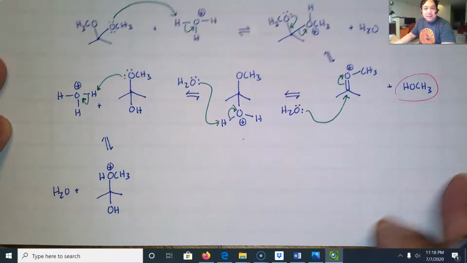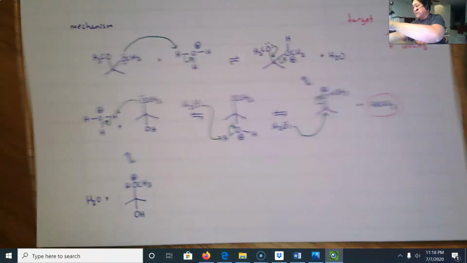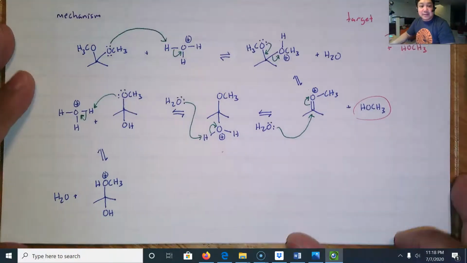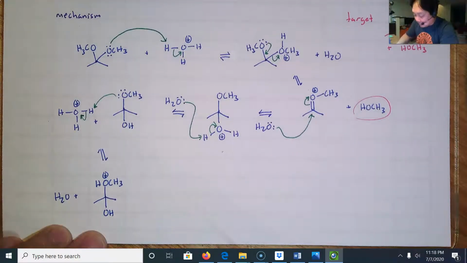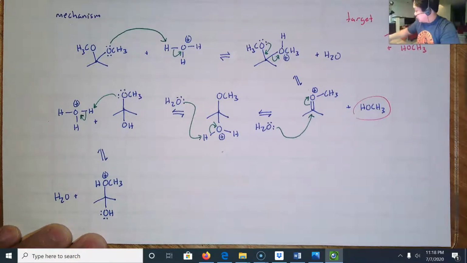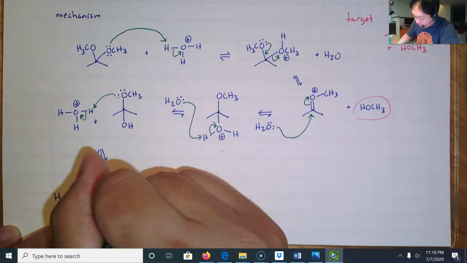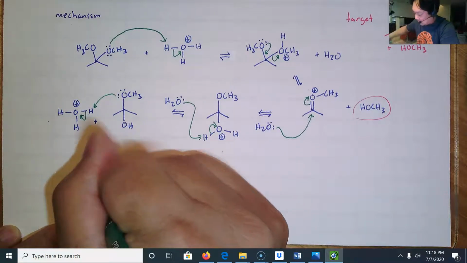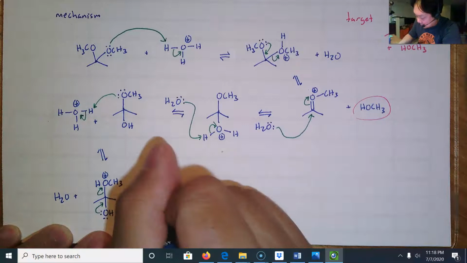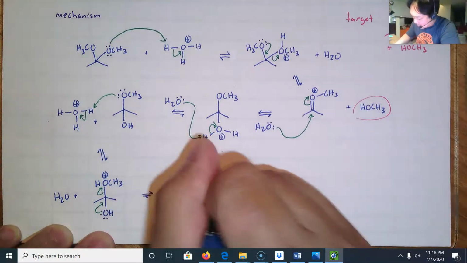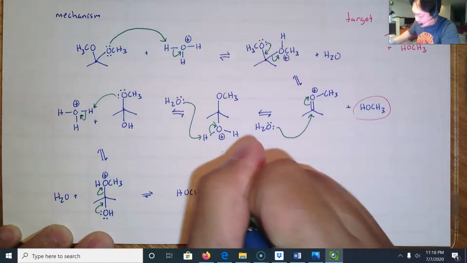Let me zoom out so we can definitely see the whole mechanism at the same time. Good. Remember how we kick out? We kick out using an internal lone pair. And there's my second methanol, HOCH3 plus.